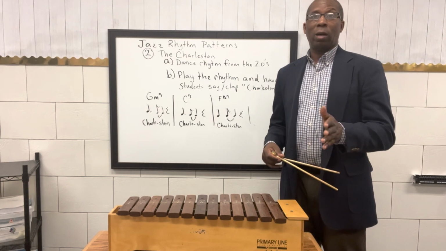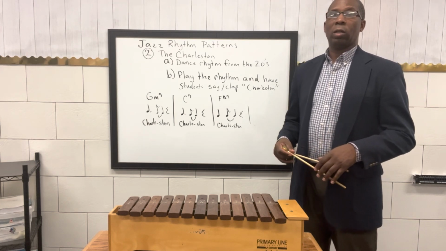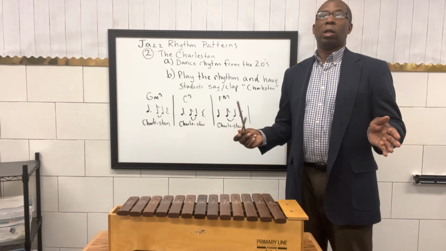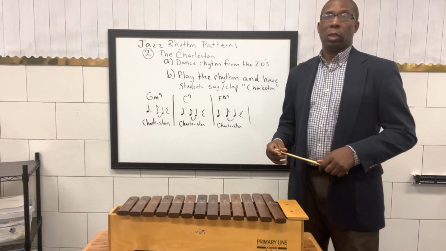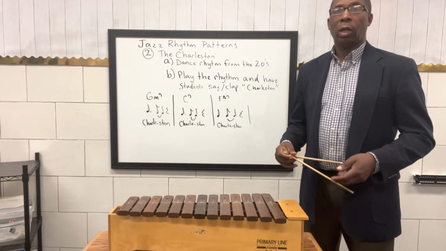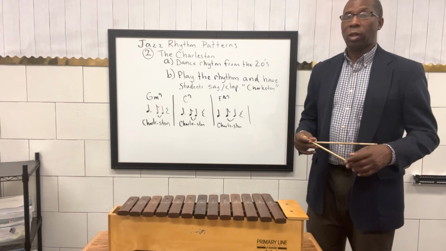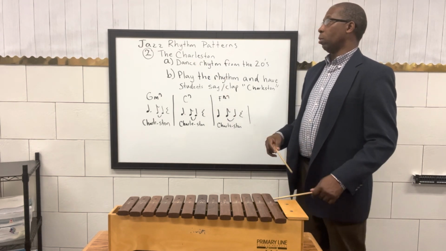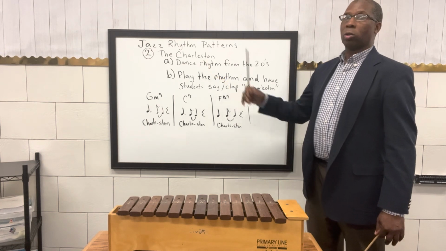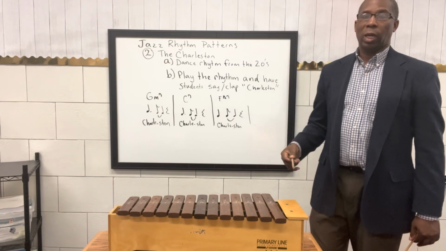Now, this is a great opportunity for you as the music educator to use interdisciplinary studies. Maybe you want to collaborate with the social studies teachers or the English language arts teacher. That's a side note, but it's one thing you may want to consider when you get to the section on jazz rhythm patterns, talking about the Charleston and relating it to the Roaring Twenties and the jazz age.